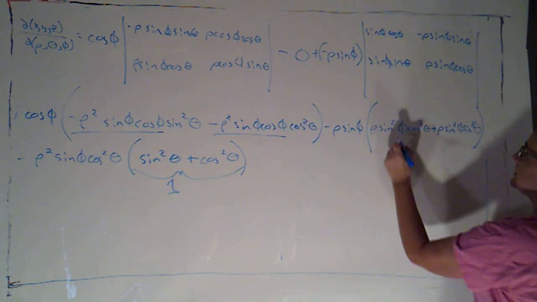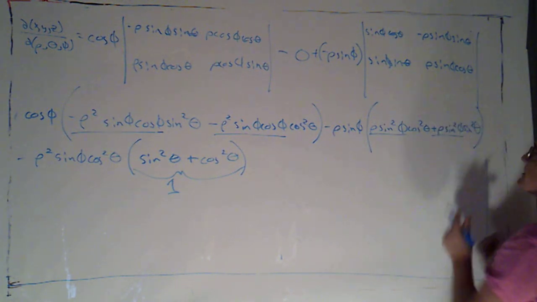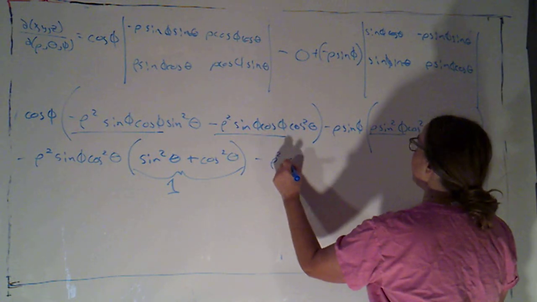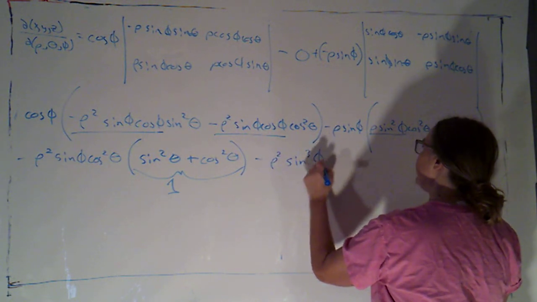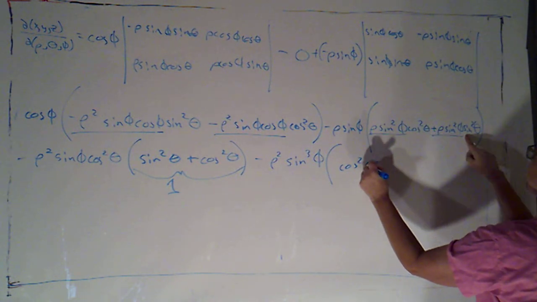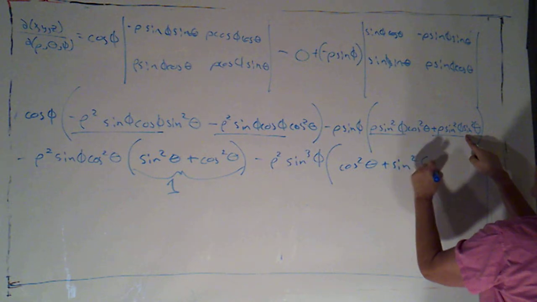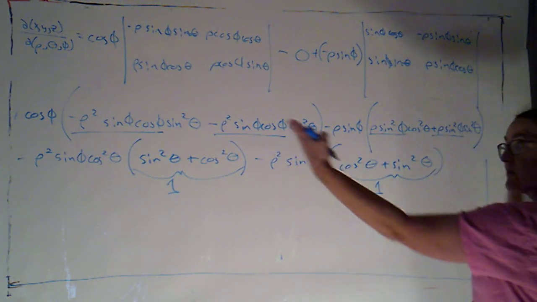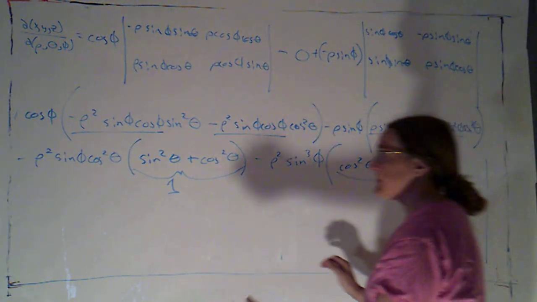Now here, I can factor out a rho sine squared phi. So I'm going to have a minus rho squared sine cubed phi times what's left is cosine squared theta plus sine squared theta, and that's also just 1. So this long thing is starting to collapse down.